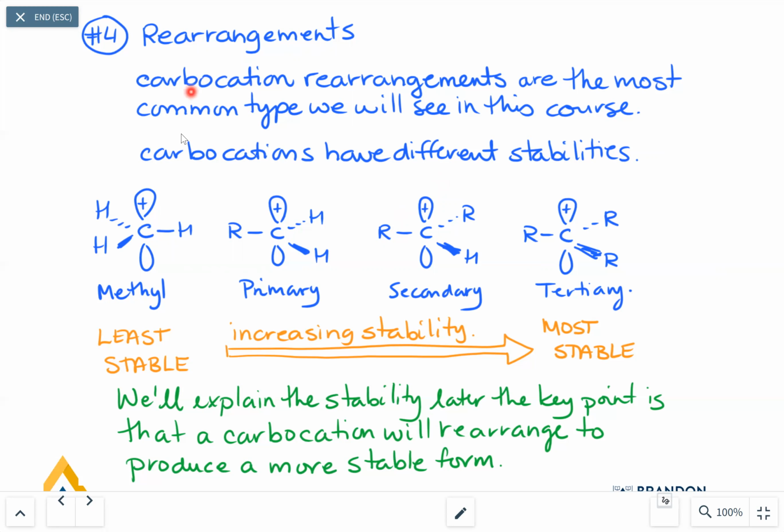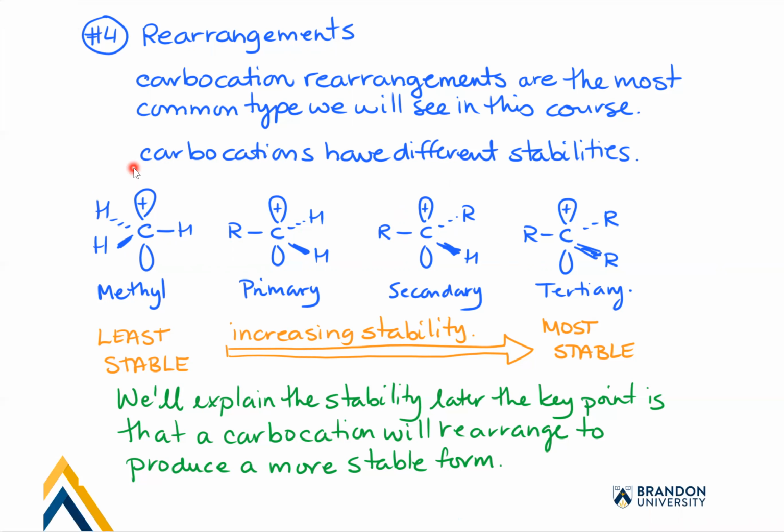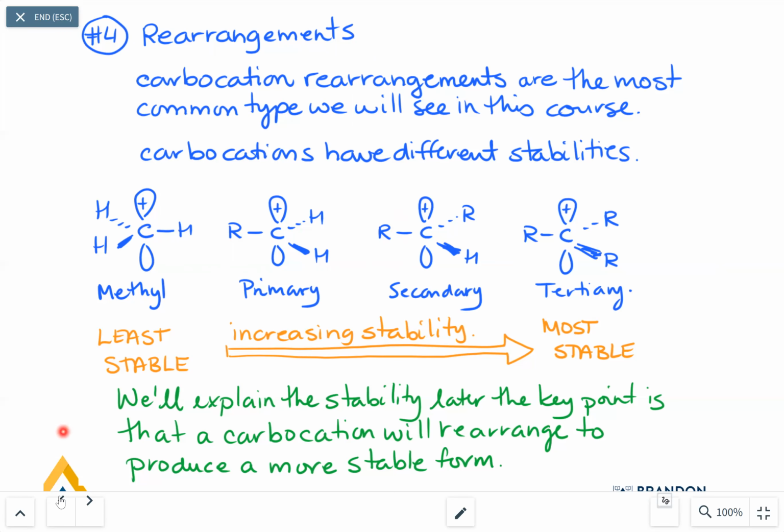So what chemists have found is that there's that one class of reaction which was basically a rearrangement. There are ways in which the carbon structure can rearrange based upon generating more stable carbocations. The way that this works is the carbocations basically have different stabilities.